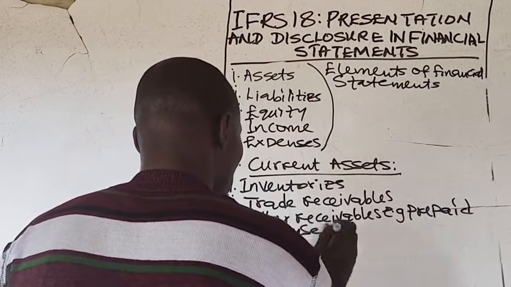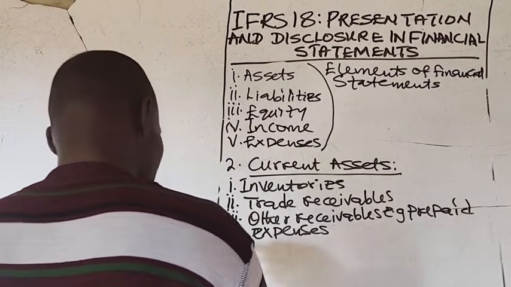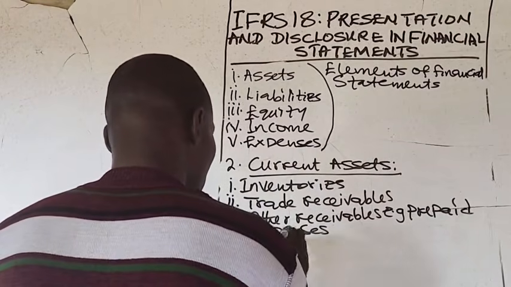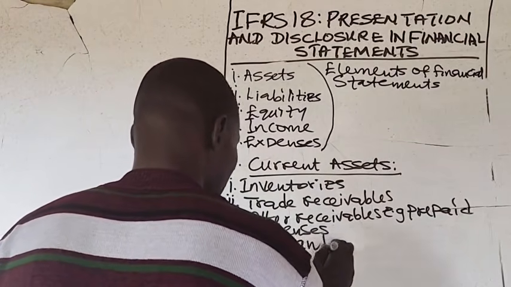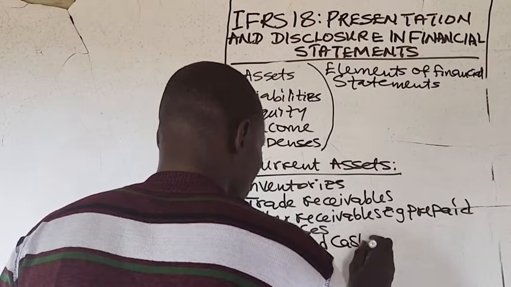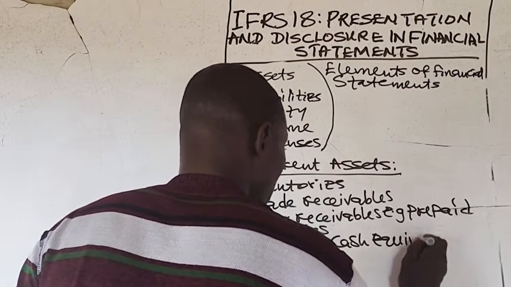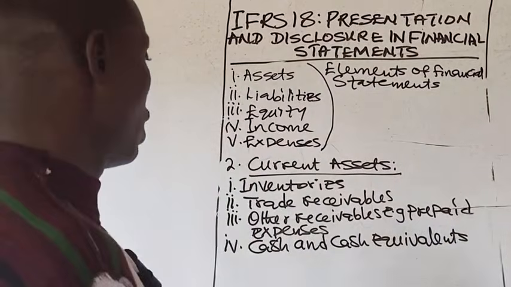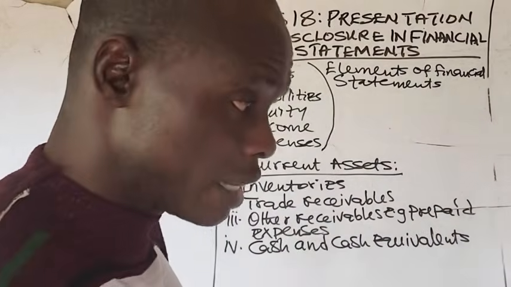Number four, we have cash and cash equivalent. These are some of the examples of current assets.